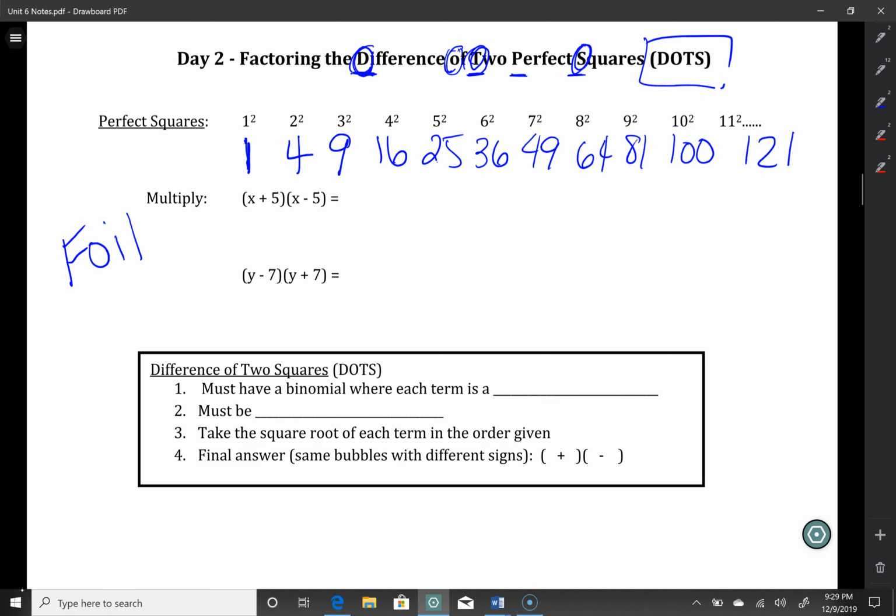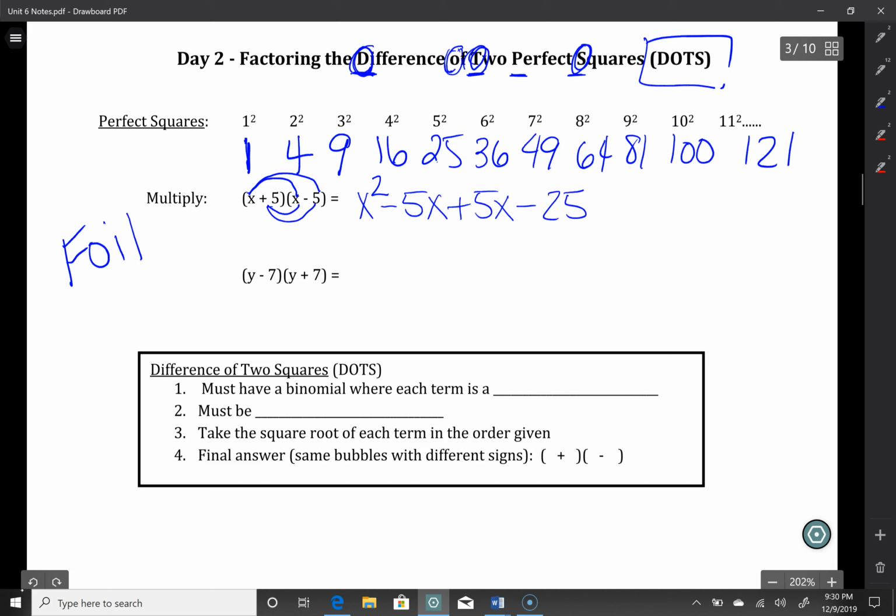The F in FOIL stands for first, so if I multiply the first two terms together, x times x gives me x squared. The O means I take the two outer terms and multiply them together, which gets me a negative 5x. The I stands for the inner two terms, so that gets me a plus 5x. And the L stands for the last two terms, and that gives me a minus 25.